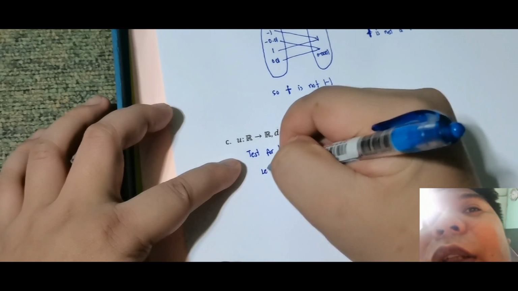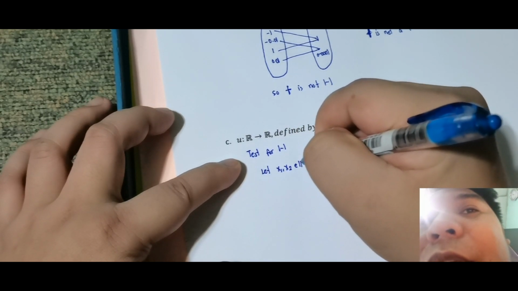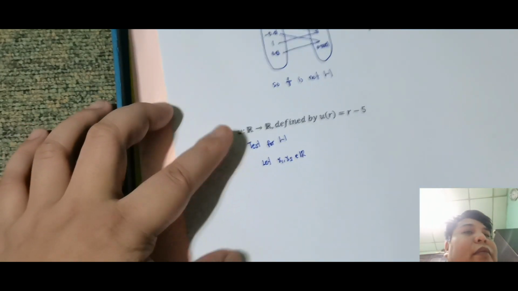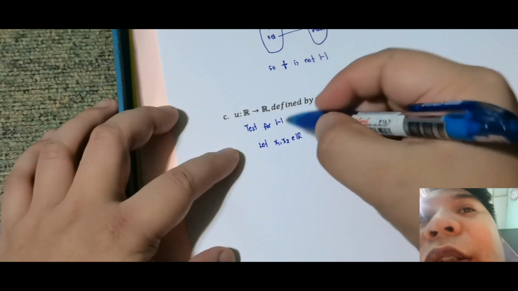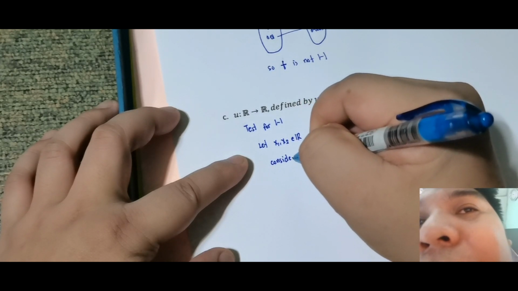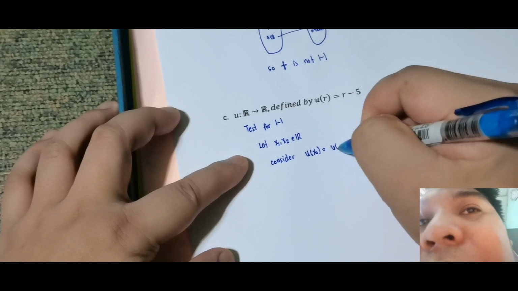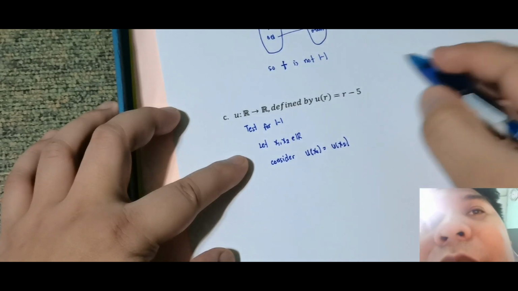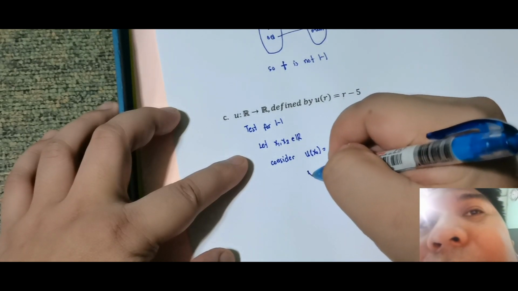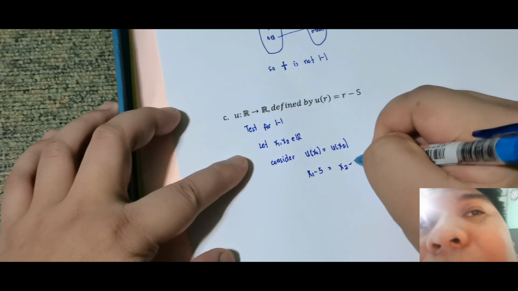So let x sub 1 and x sub 2 element ng real number. Ayun yung domain. Okay? So consider natin si u of x sub 1 equal kay u of x sub 2. That is simply equal sa x sub 1 minus 5 equals x sub 2 minus 5.